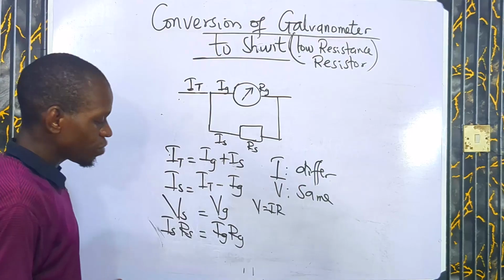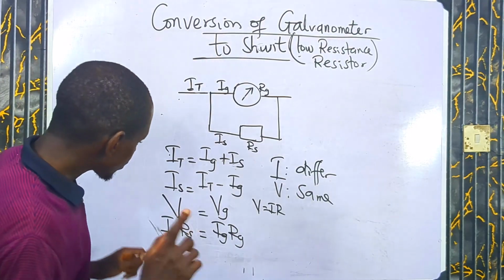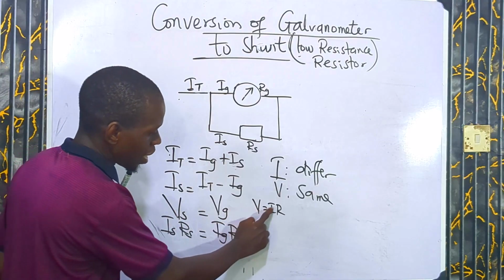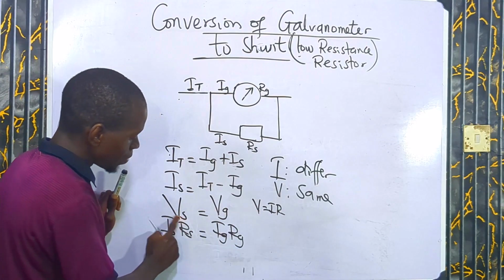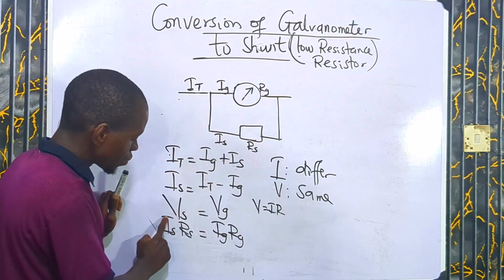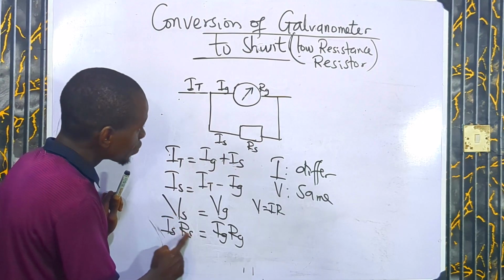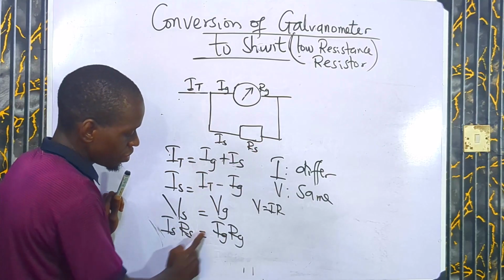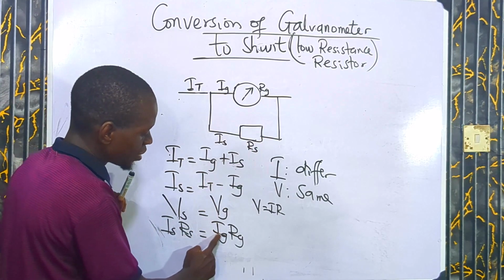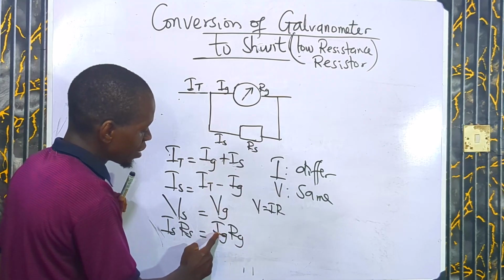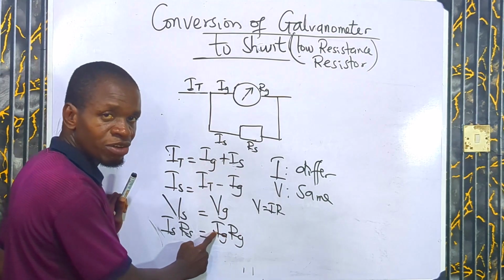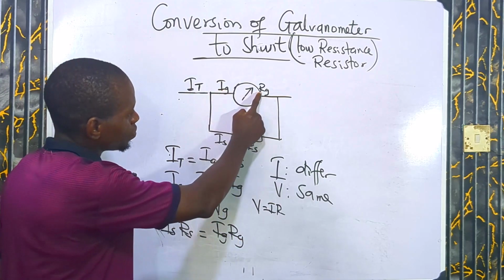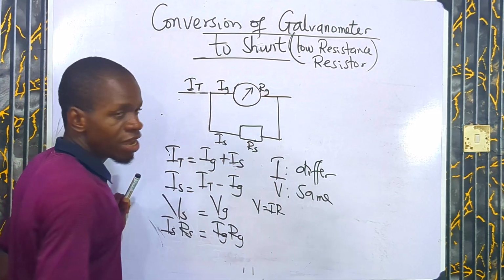Where did I get this from? According to Ohm's law, V is equals IR, whereby since I'm talking about that of the shunt, I'll just say current of the shunt times resistance of the shunt. I have IS, I also have RS. Then here, I also have my IG times my RG. Where did I get that? This is the current of the galvanometer and resistance of the galvanometer, and I also have IG and the resistance of the galvanometer in the diagram here.